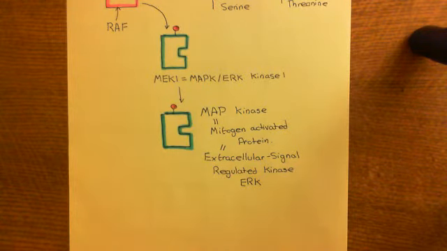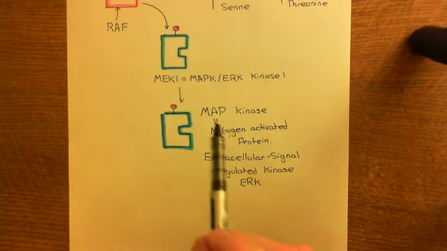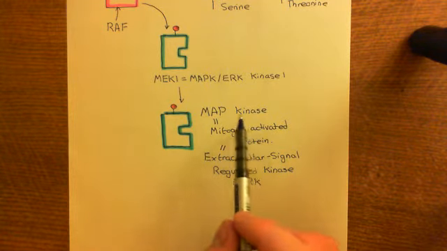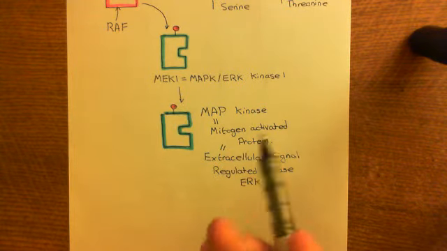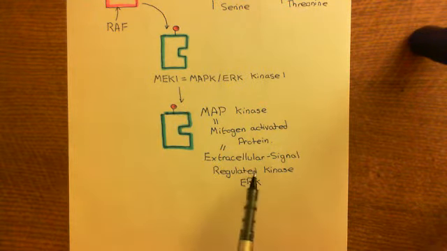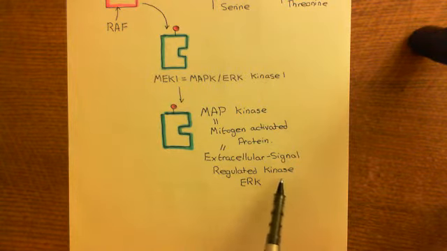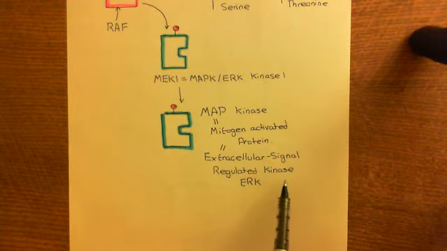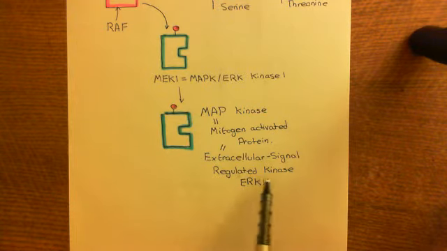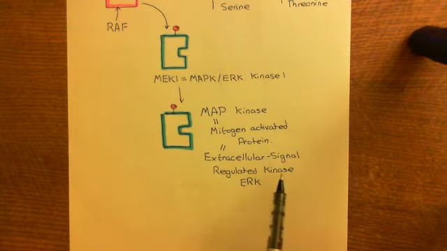It's a whole family of enzymes. So when we talk about MAP kinase, we're really talking about a whole family of enzymes. And when we're talking about extracellular signal regulated kinase, we should really say the extracellular signal regulated kinases, because again, it's a whole family. So let's talk about two specific examples of MAP kinases, or ERKs.